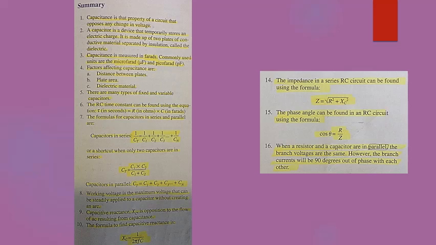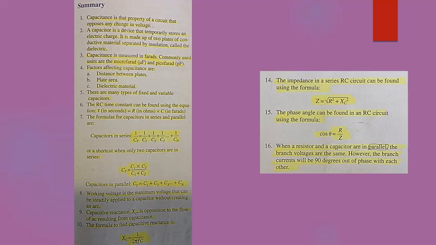Commonly used units are the microfarad, the symbol is shown, and the picofarad, symbolized as pF. 4. Factors affecting capacitance are: A, distance between the plates, B, plate area, and C, dielectric material. 5. There are many types of fixed and variable capacitors.